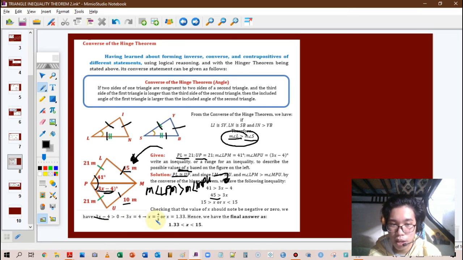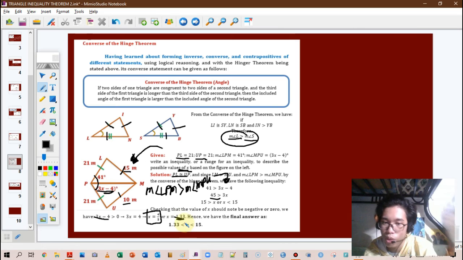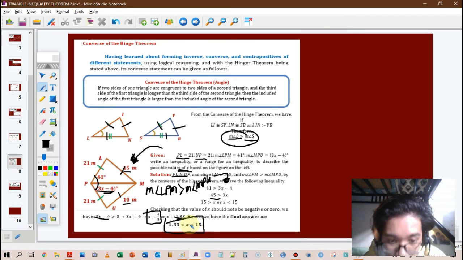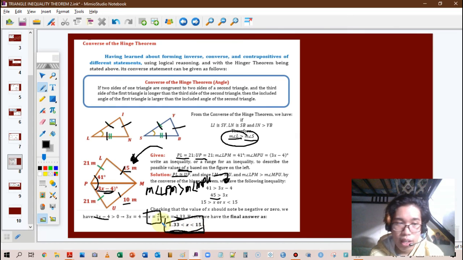Dividing both sides by 3, x is greater than 4/3, roughly 1.33 if we transform that into a decimal. So therefore, the range of values for x is that x should be greater than 1.33 but less than 15 for this problem.